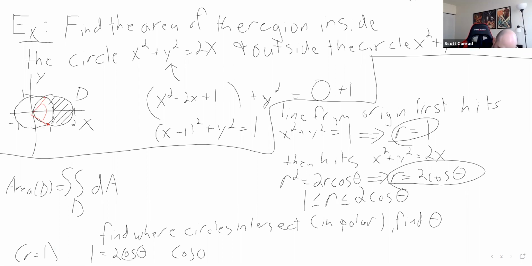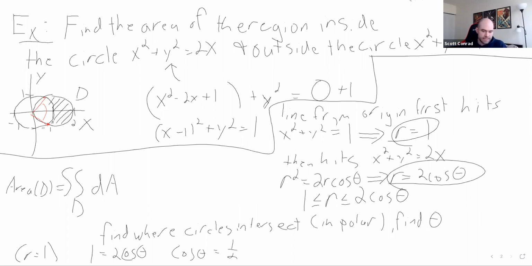So we have cos theta equals 1/2. We need to figure out a value of theta. There are two values where cos theta is equal to 1/2. One of them is going to be the lower one, one of them is going to be the upper one. What's the lower one?